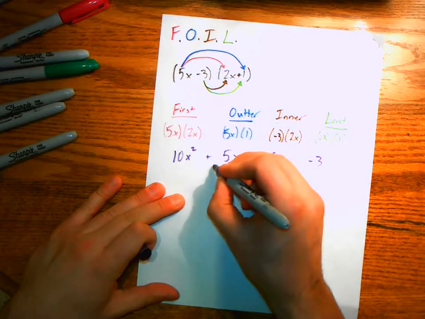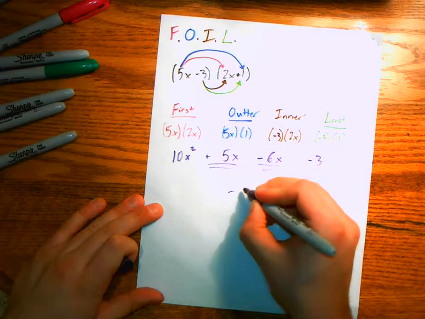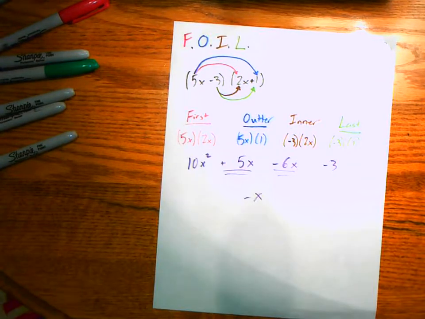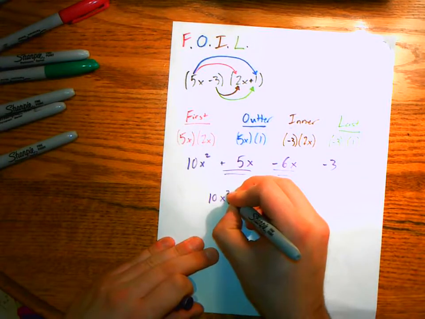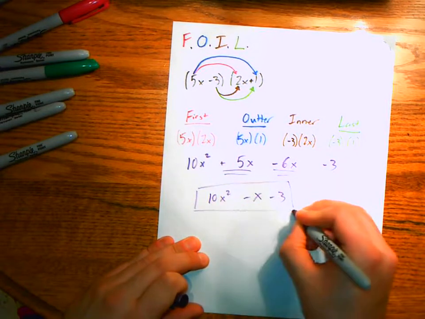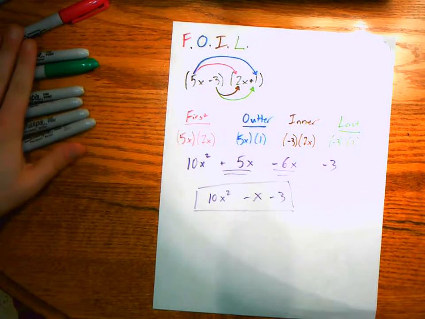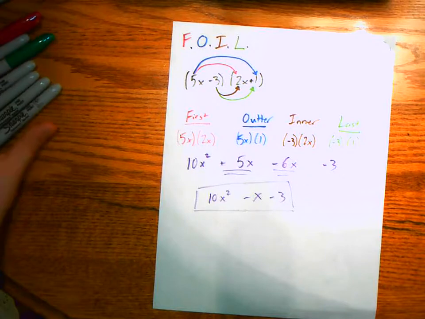Now again, you look to combine like terms. You have a positive 5x and a negative 6x, which give you a negative 1x or just a negative x. Bring down your 10x squared and bring down your negative 3. And that's your simplified expression when you FOIL the two binomials together. FOILing still uses the same as distributive, and it's the same as the box method.